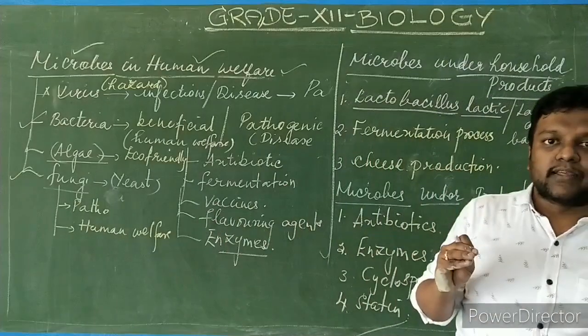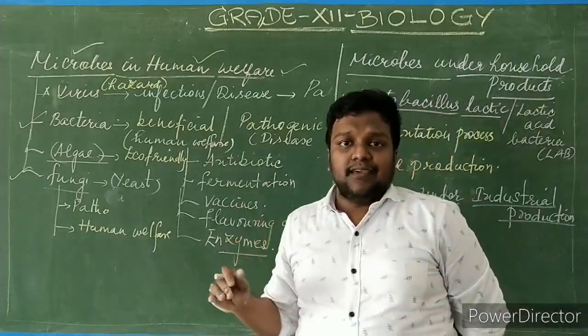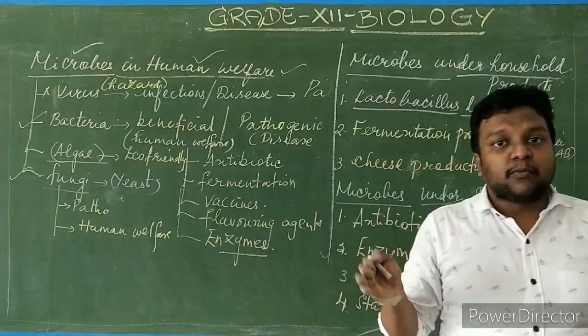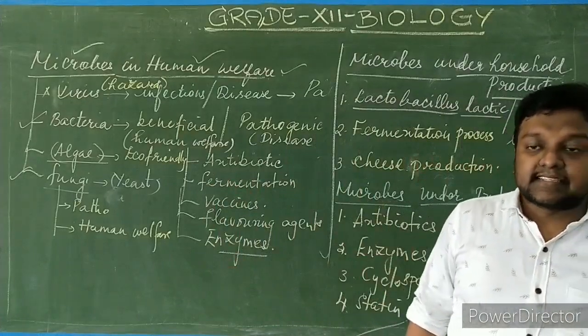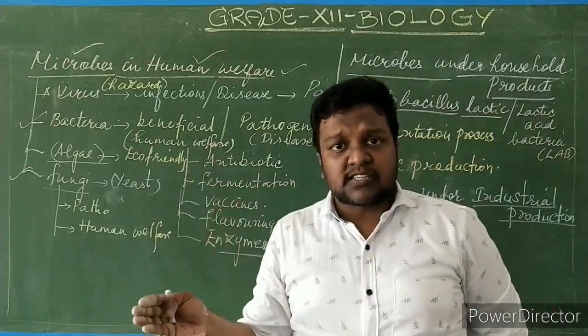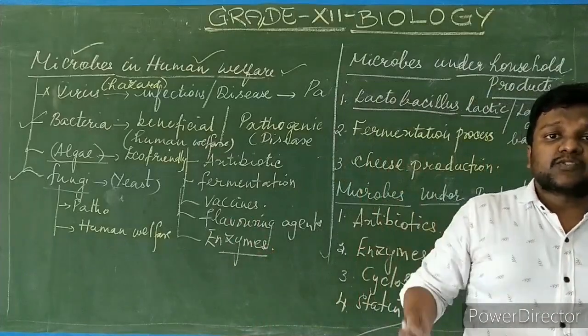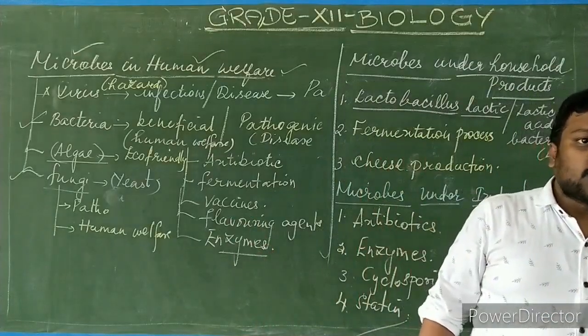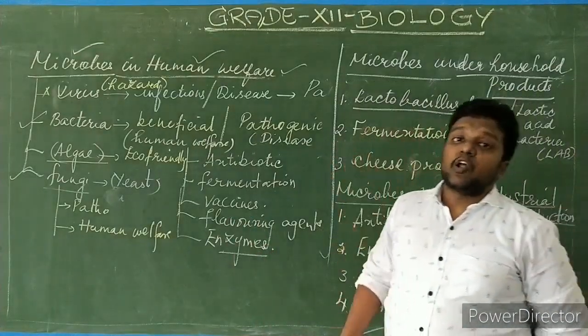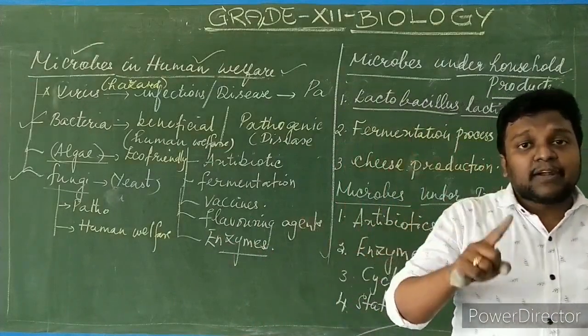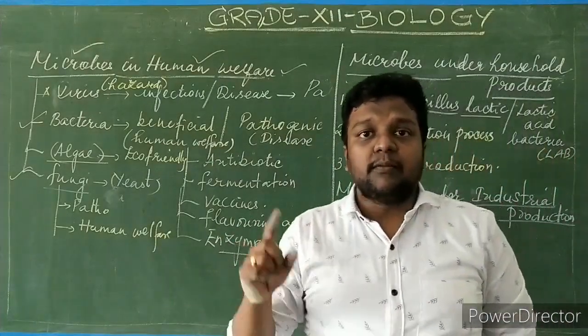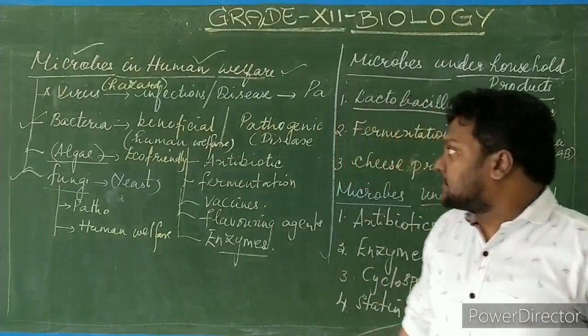In the absence of oxygen, the pyruvate gets decomposed, giving rise to lactic acid. Carbon dioxide gas will also be liberated. You understand what I am telling? And sometimes ethanol will also be produced.